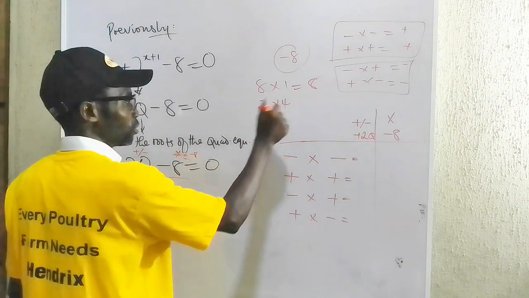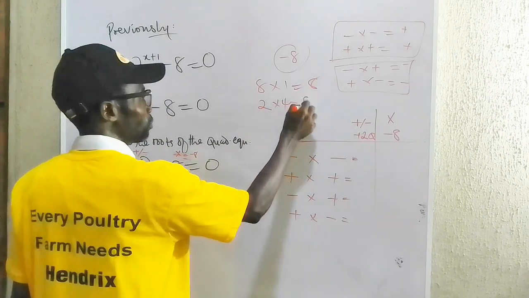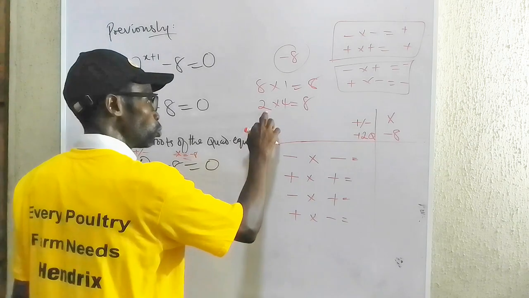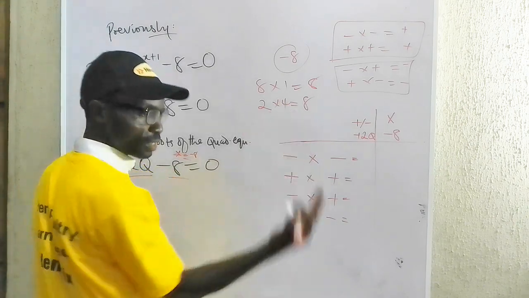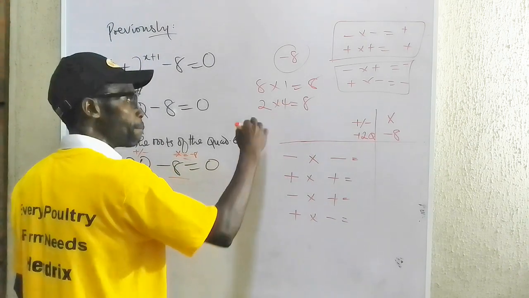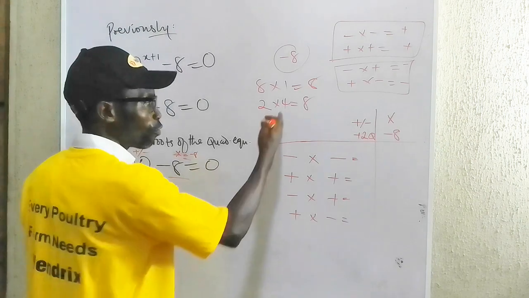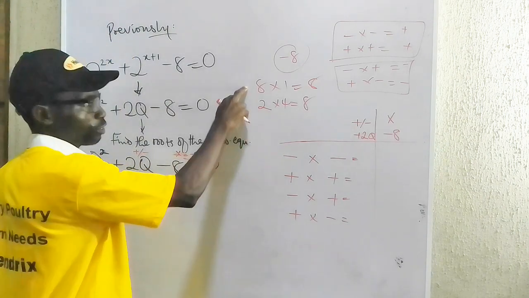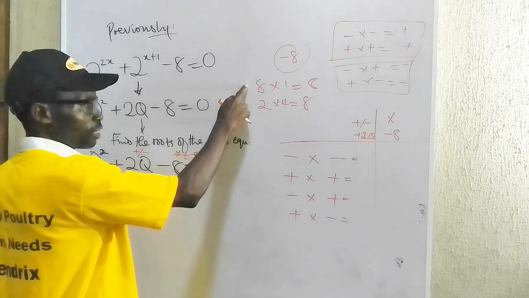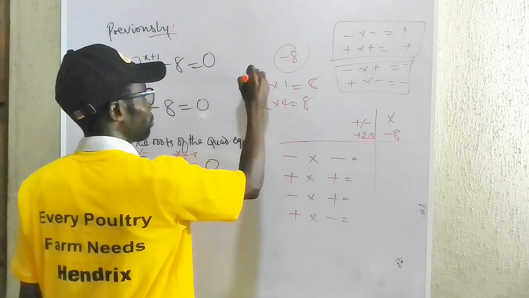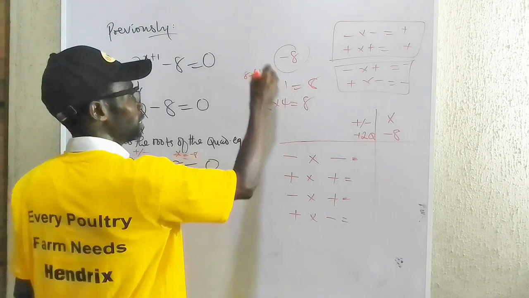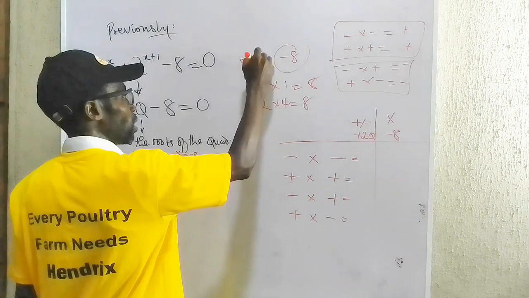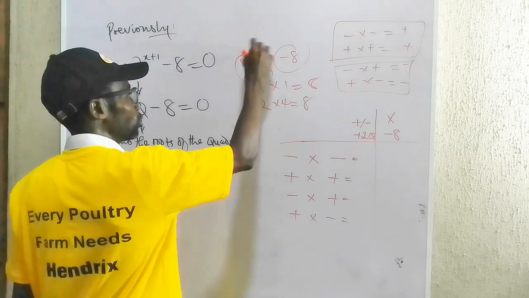So we're going to look at this other one. 2 times 4 will give you 8. 2 plus 4 can give you 6. 2 minus 4 or 4 minus 2 can give you 2. So this is likely going to be the combination, not this. Because if I add 8 plus 1, it's going to give me 9. This one, if I do 8 minus 1, it's going to give me 7. So this combination will not do.